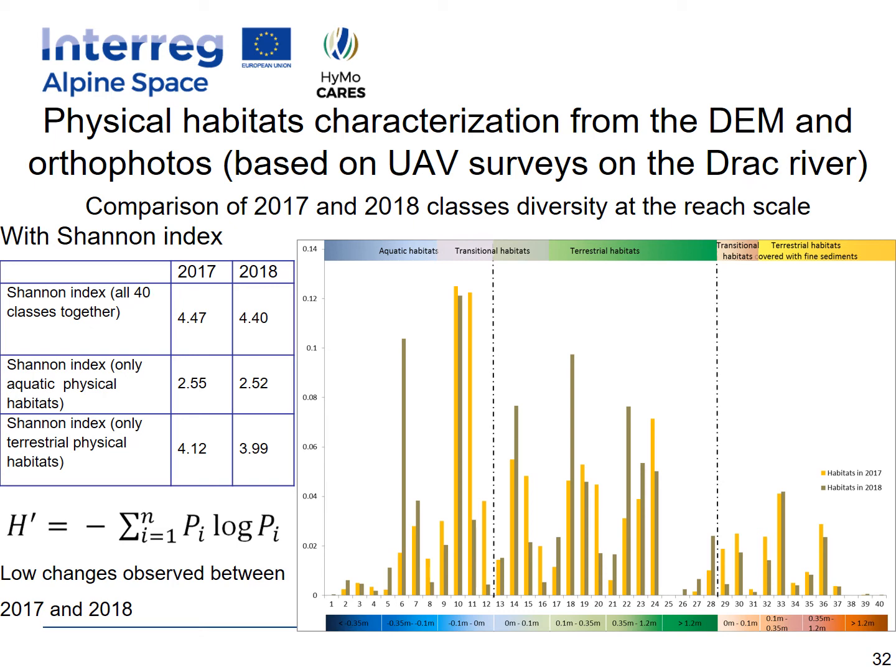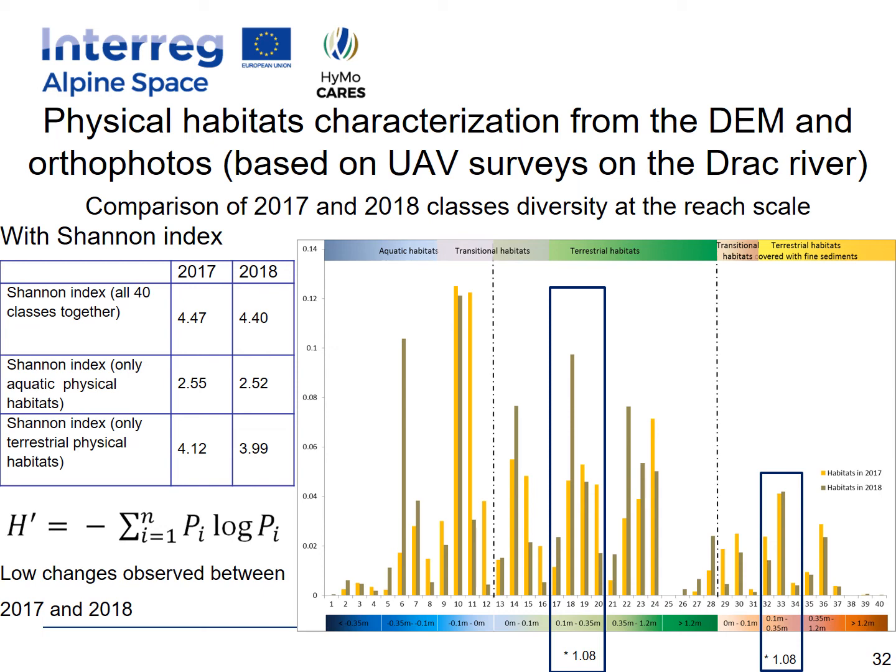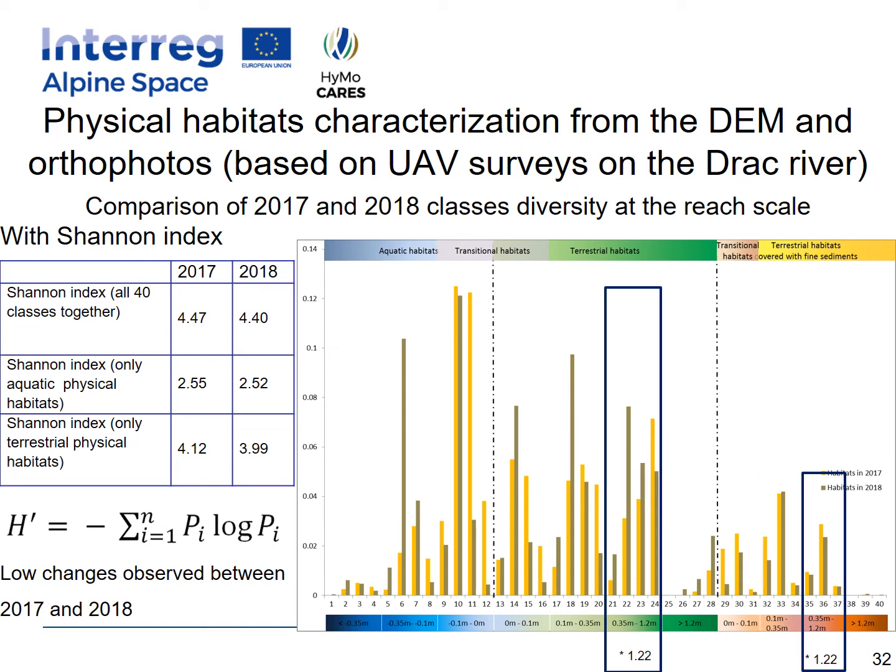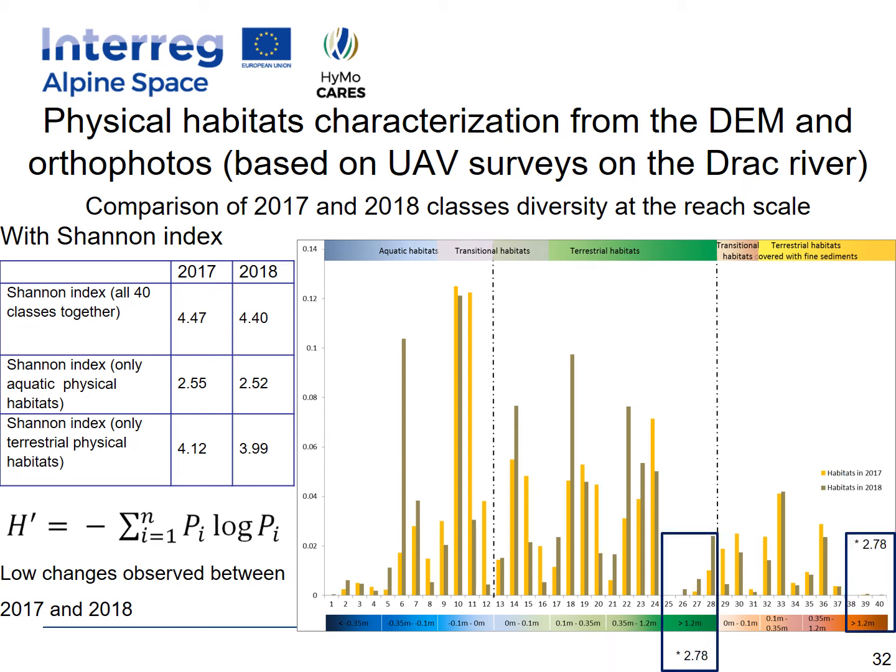The number of pixels of very shallow channels was divided by 1.78 and, respectively, exposed bars near the water level from 0 to 0.1 meter was divided by 1.25, while at the same time the number of pixels of shallow channels was multiplied by 2.54, respectively exposed bars between 0.1 and 0.35 meter above the water level by 1.08, respectively exposed bars between 0.35 and 1.2 meter above the water level by 1.22, and respectively exposed bars 1.2 meter or more above the water level by 2.78.